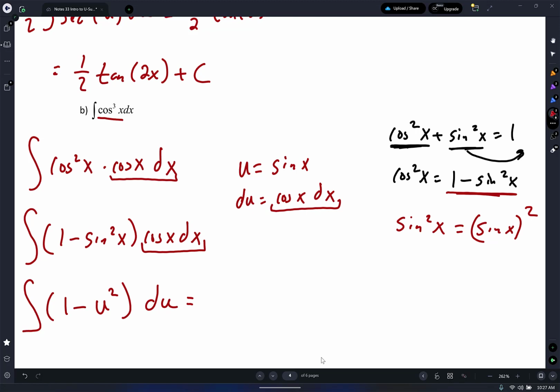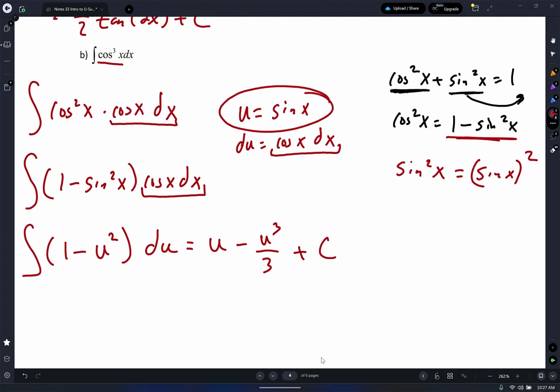With respect to u, it's u, minus the antiderivative of u squared. And because it has no limits, I put plus c. Then I don't want it in terms of u, I want it in terms of x. So I'm going to put sine x minus sine cubed x over 3 plus c. You can also write 1/3 sine cubed x. It's the same thing. Plus c. That's your answer.